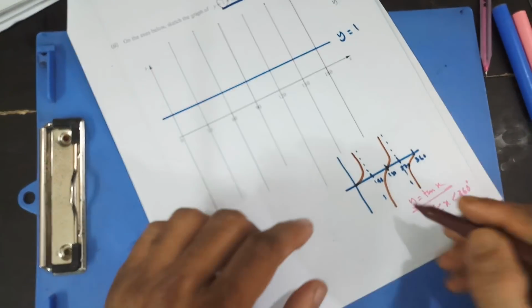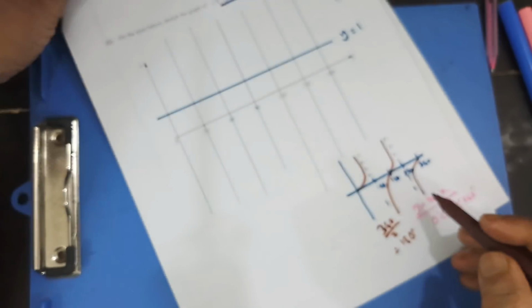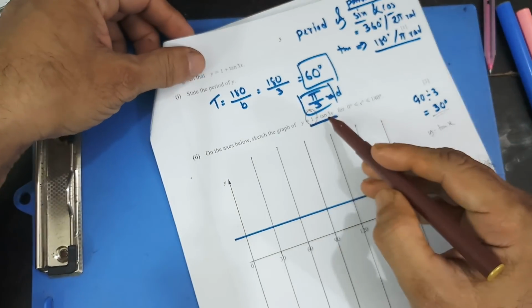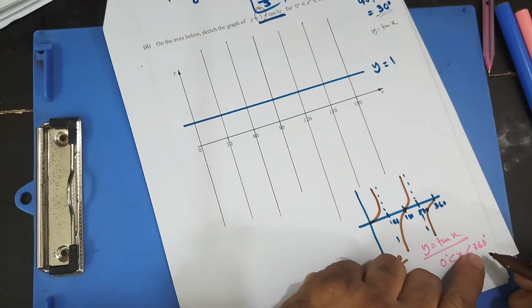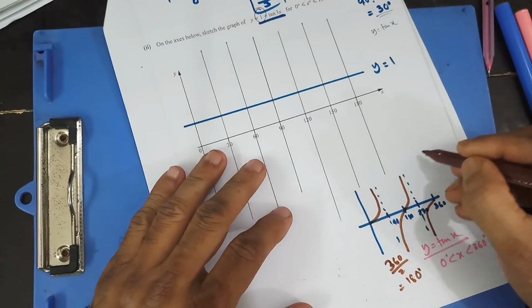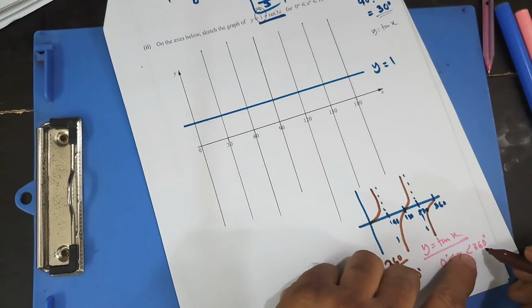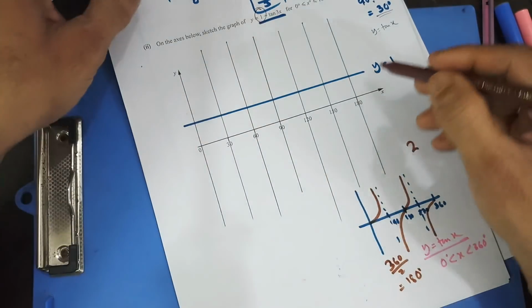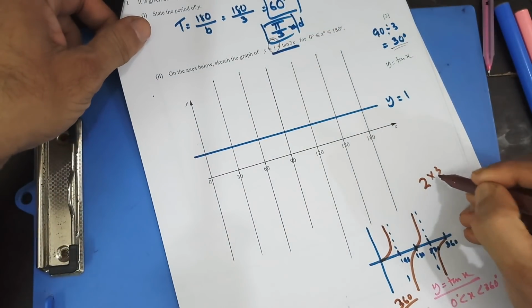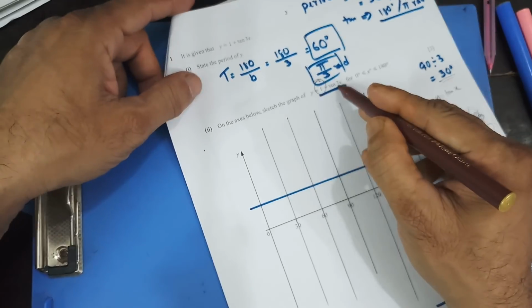So there are 2. So the period of this one is 360 divided by 2, or 180 degrees. Now over here I have 3 cycles. Within 360 degrees for the parent graph I have 2 cycles, and when I have 3, I'm supposed to have 3 cycles in this particular one.